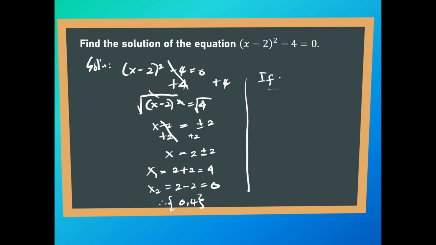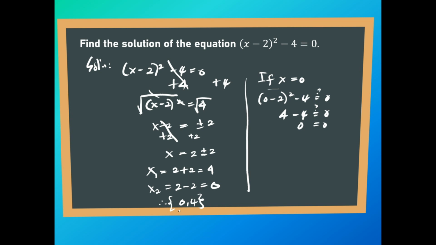So if x is equal to 0, so substitute natin, 0 minus 2 squared minus 4 is it equal to 0? So 0 minus 2 magiging negative 2 na yan. So raised to 2, this is 4 minus 4 is it equal to 0. So 0 is equal to 0.